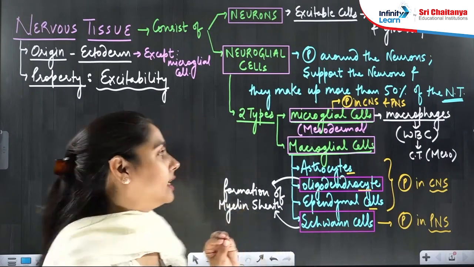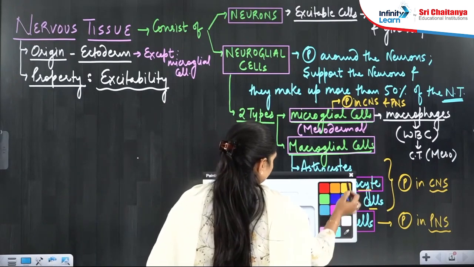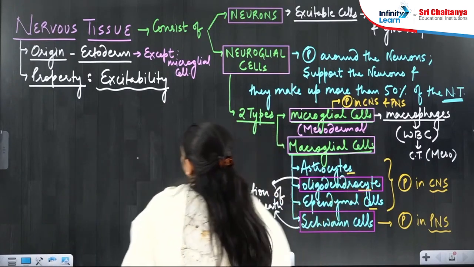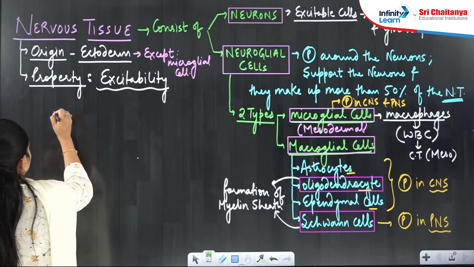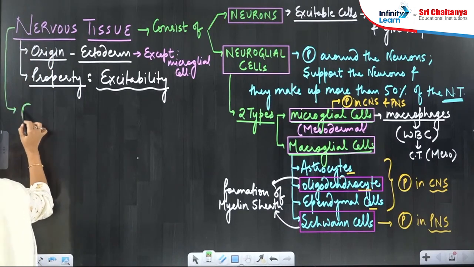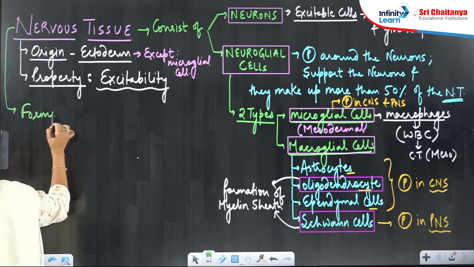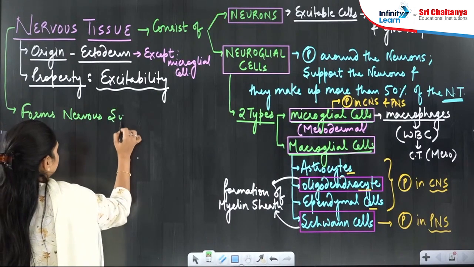Okay. Now let me tell you about the nervous system. So nervous tissue is forming what? It forms your nervous system. Yes or no?